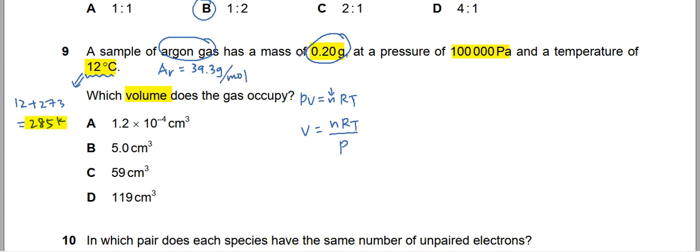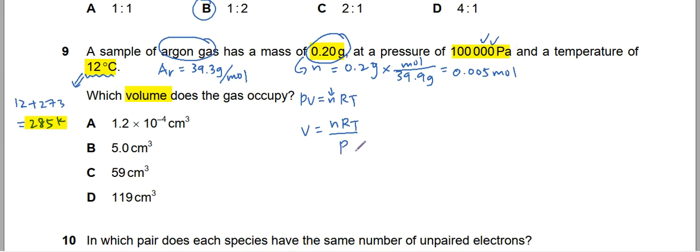So the number of moles is equal to 0.2 gram over 39.9 grams per mole. So that's equal to 0.005 mole. The pressure is fine, it's in the correct unit.